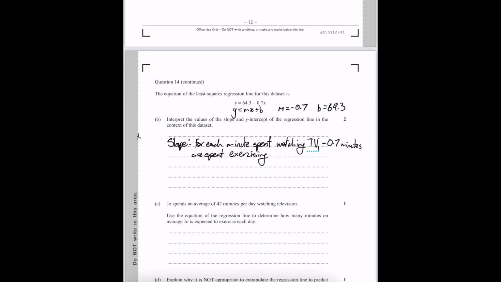Or instead of minus 0.7 minutes, we can say something like, the time spent exercising is 0.7 minutes less.